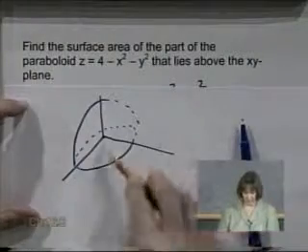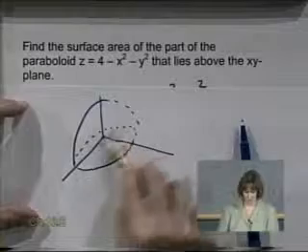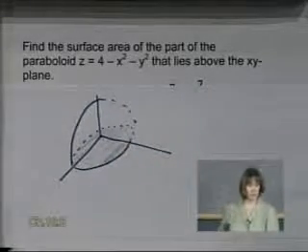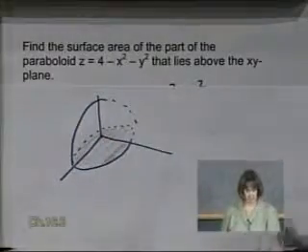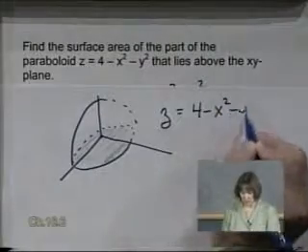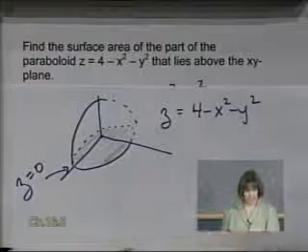We have to figure out this region right here, because that's the region we're integrating over, since we just want the part of the paraboloid that's above the xy plane. Well, since it's z equals 4 minus x squared minus y squared, on the xy plane, all of you would agree z equals 0.